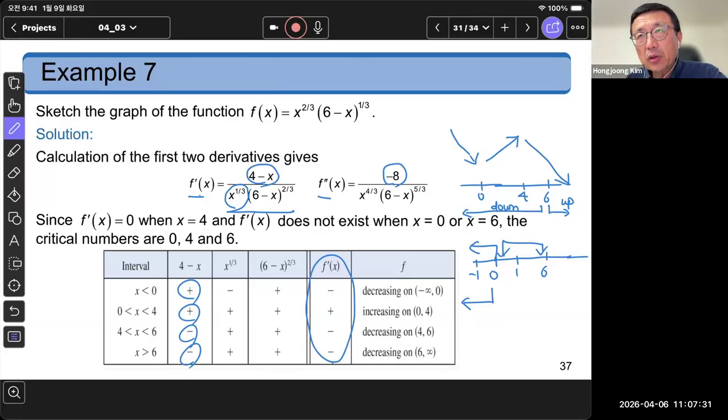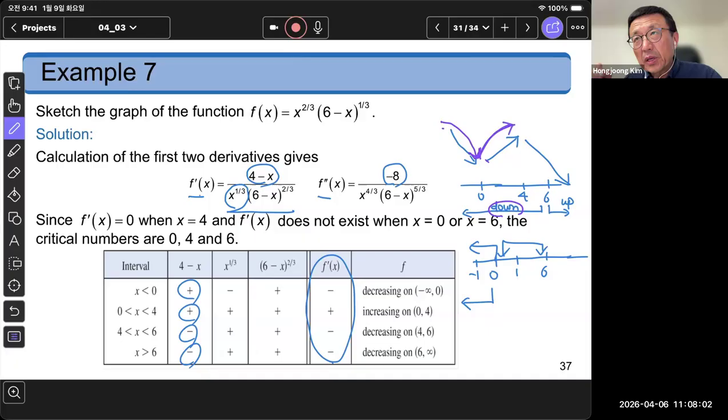So up to 0, the graph is decreasing, but since the concavity is concave downward, it will be decreasing like this. And then between 0 and 4, your function is increasing but concave downward, so it will be like this.